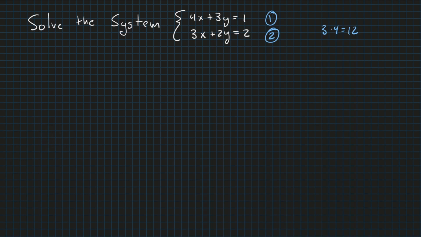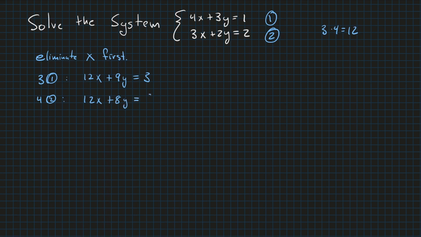So I'm going to eliminate x first by multiplying the first equation by 3. That gives us the equation 12x plus 9y is equal to 3, which is completely equivalent to the first equation. And then 4 times the second equation gives us 12x plus 8y is equal to 8. That's equivalent to the second equation.